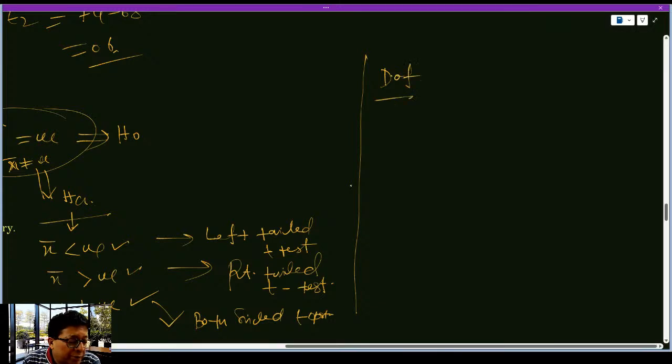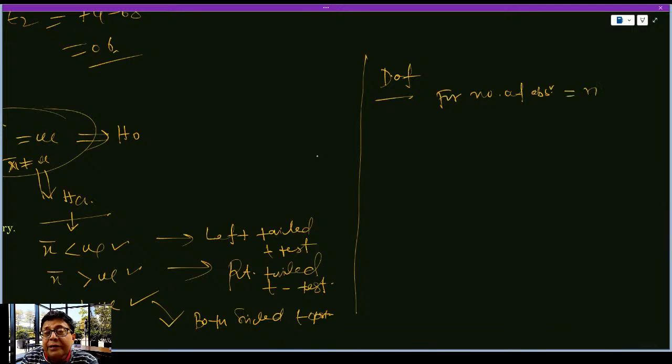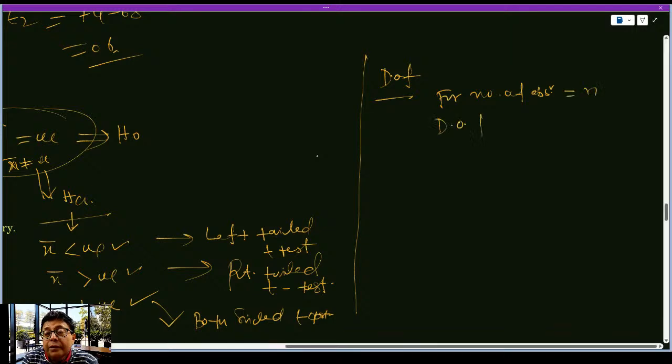This you need to know. Degrees of freedom, for number of observations equal to n, DOF will be n minus 1.